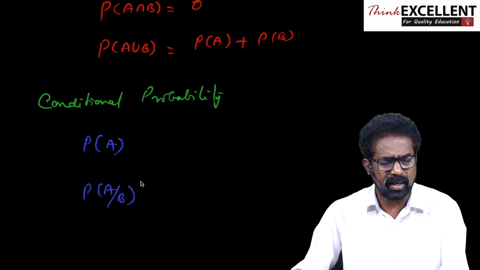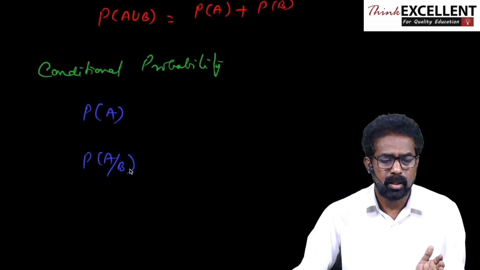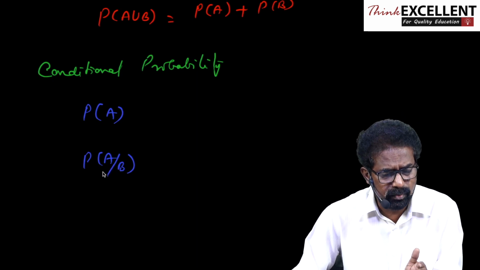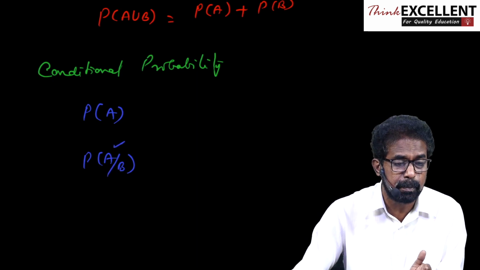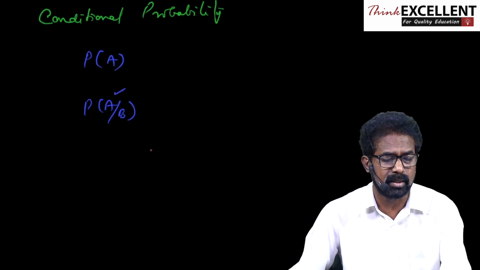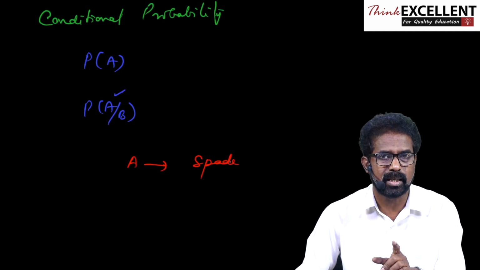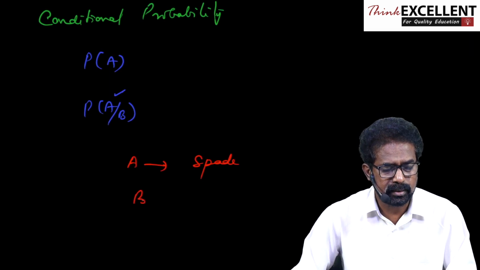P of A, we are finding the probability of an event A. P of A given B, here also we are finding P of A only, but under a condition B. B is a condition. For example, suppose A stands for getting a spade card. You know, totally there are 52 cards, spade cards 13, right? B is a black card.